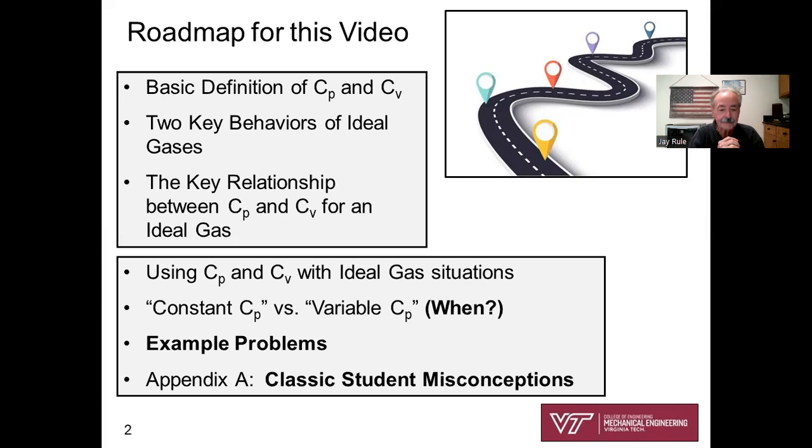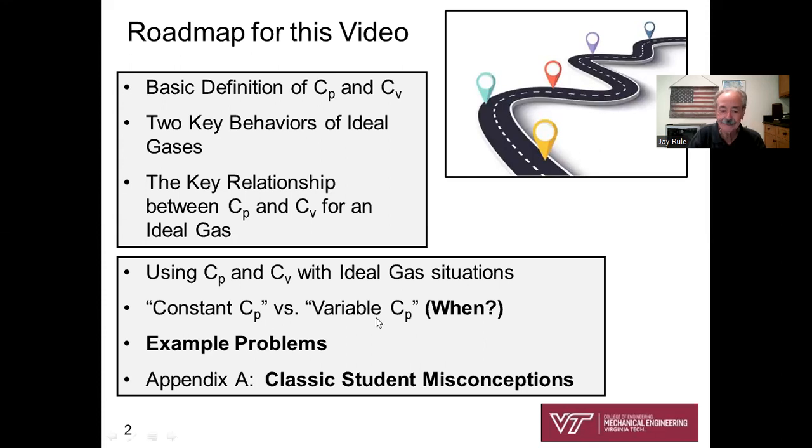I'm going to talk about a key relationship between C sub P and C sub V, the two specific heats for an ideal gas. Then we're going to move down to using C sub P and C sub V with ideal gas specific engineering situations.